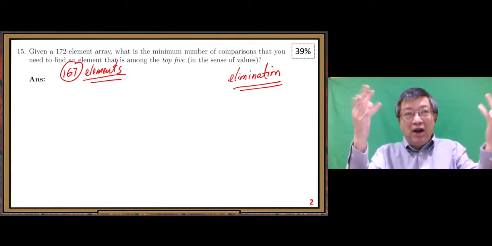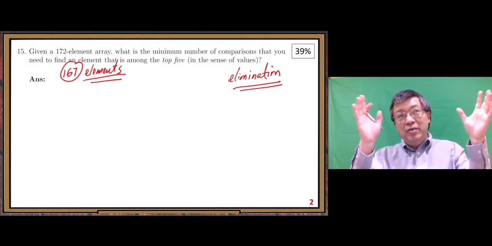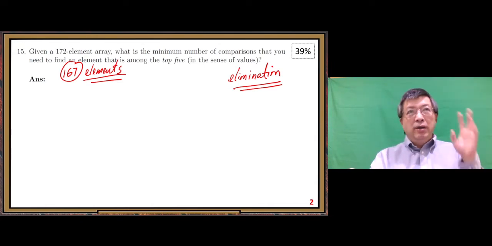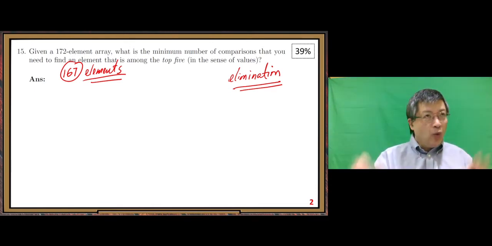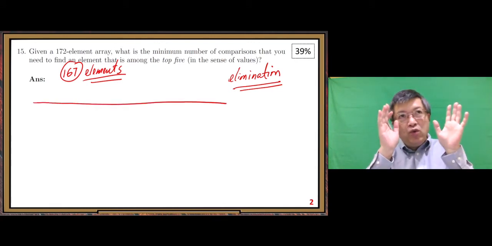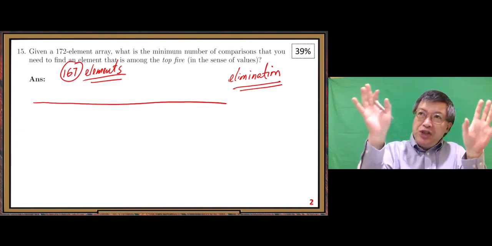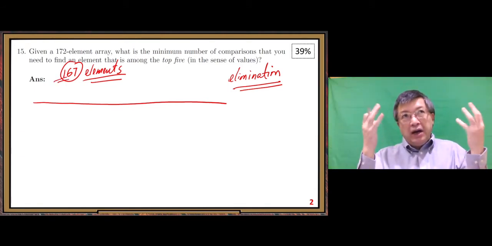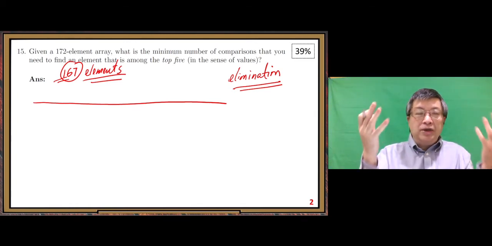How about that? Random comparison. The way to do elimination may not be that important. But in order to convince you, when I do elimination, I try to arrange those elements in an organized way so that I can see, after I eliminate this many, I'm convinced I get an element among the top 5.